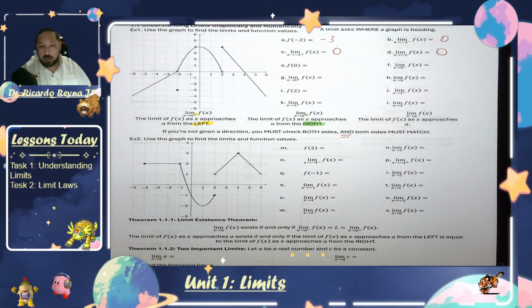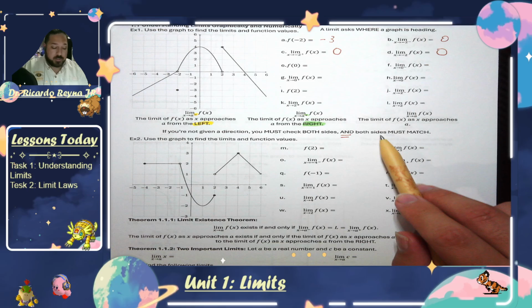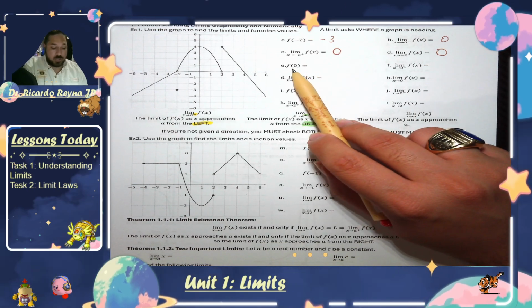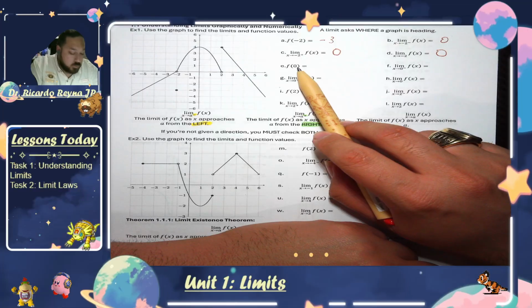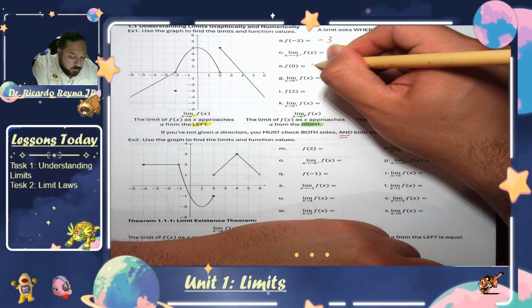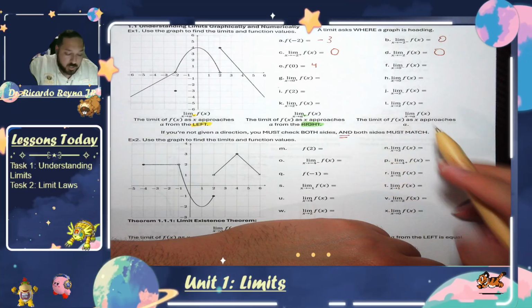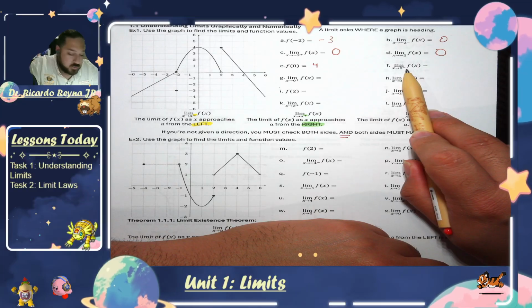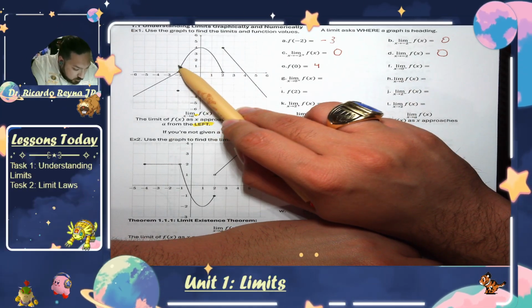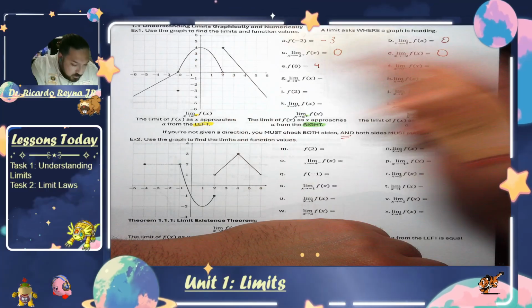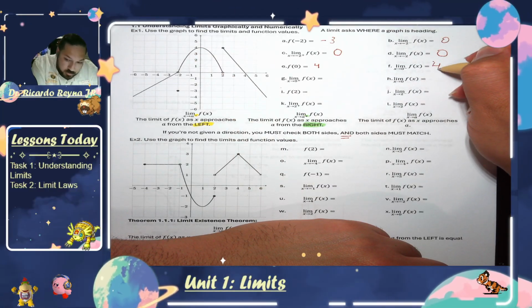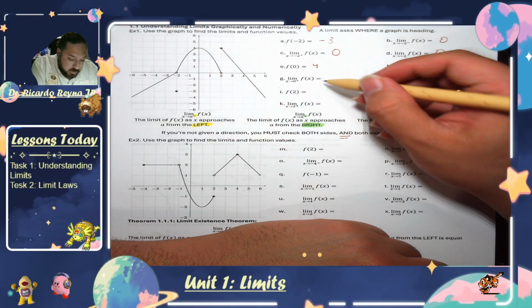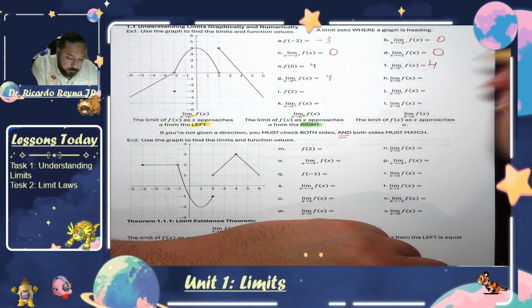Well, not all the time. Remember, it must match. So let's do E. E is f of 0. So I look here, 4. And look here, it says the limit as x goes to 0 from the left-hand side. Well, I'm just going towards the left-hand side. I see that it is approaching 4, and from the right-hand side it is also approaching 4.